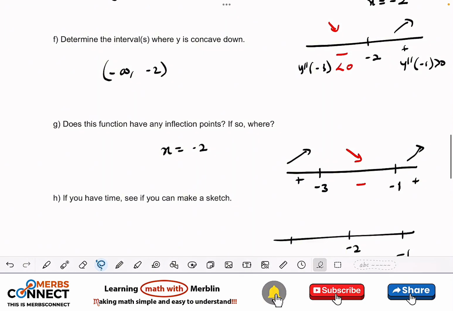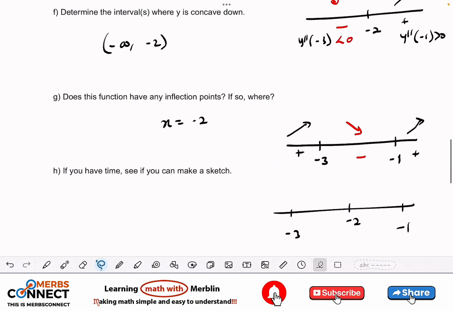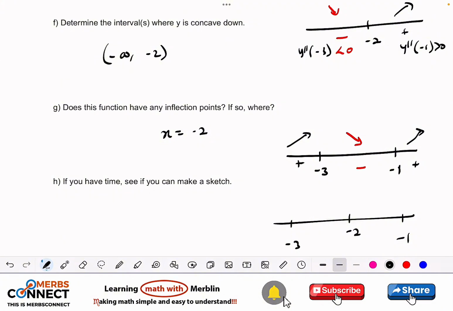We can see that at this side the function is increasing from -3 to -2. Actually the function is decreasing, right? And here too is decreasing, because from -2 to -1 is still between this, and still decreasing here.